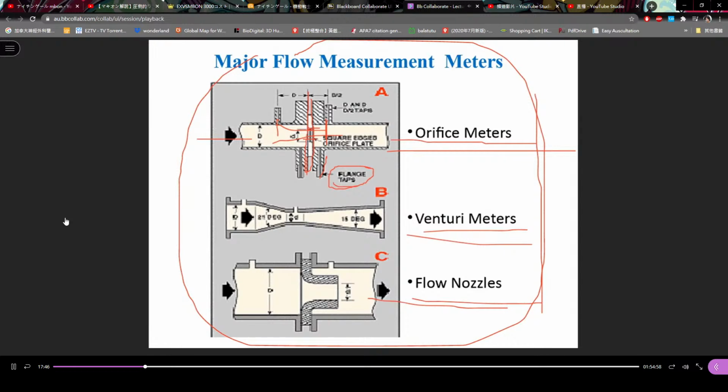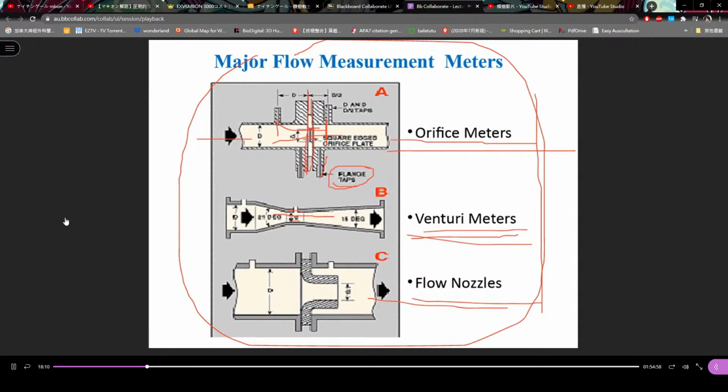Similar for the Venturi meter. Remember, we must narrow it, to make the flow speed higher and the pressure lower. And how to do it? Narrow the path, like this orifice or Venturi meter.